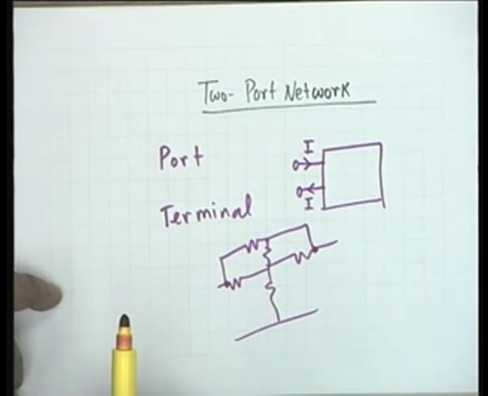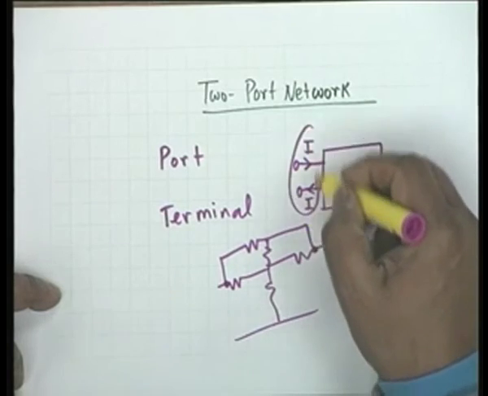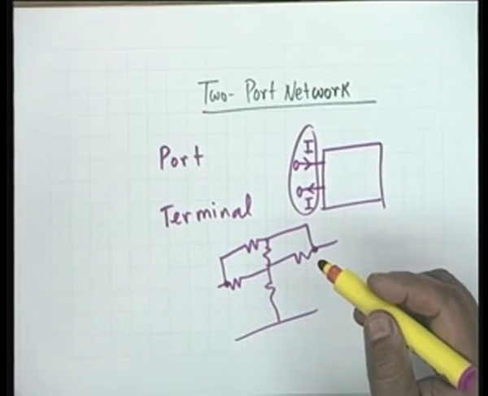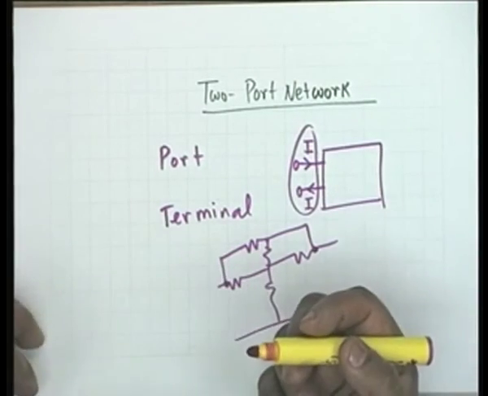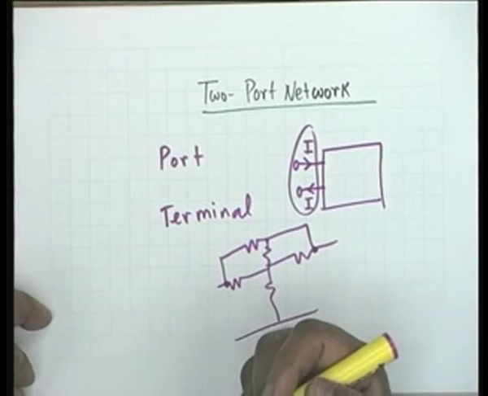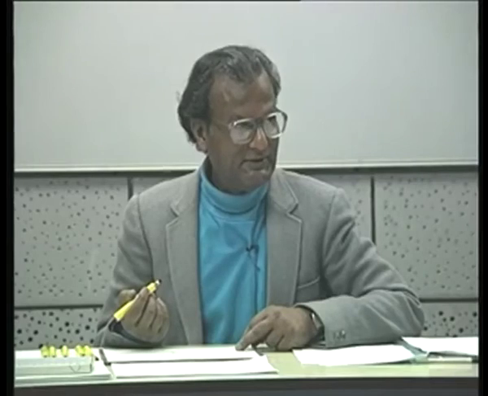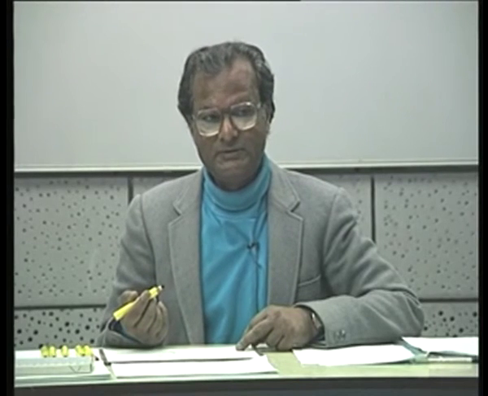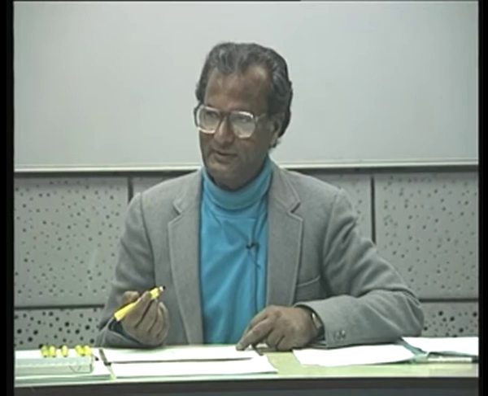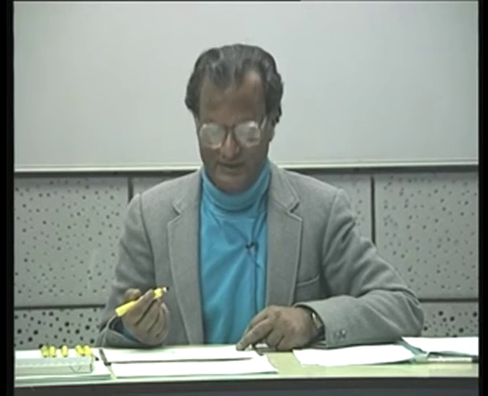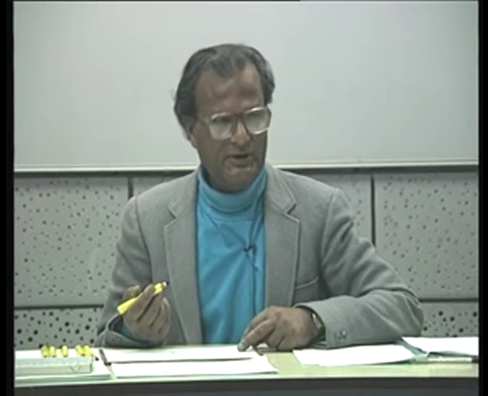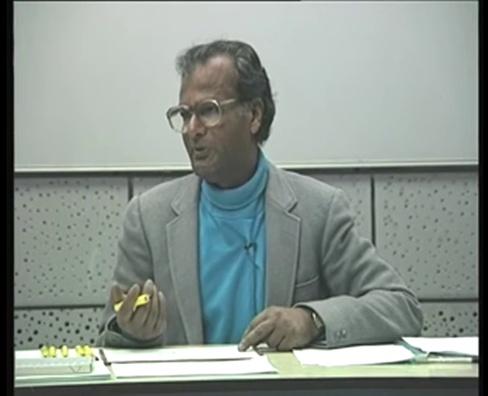For forming a port, the essential condition is that the current entering one terminal must be equal to the current leaving the other terminal. If a network has two such ports, we call it a two port. If it has only one port, we call it a one port, and if it is more than two, we generally call it a multi port. We can use the terms 3 ports, 4 ports and so on.